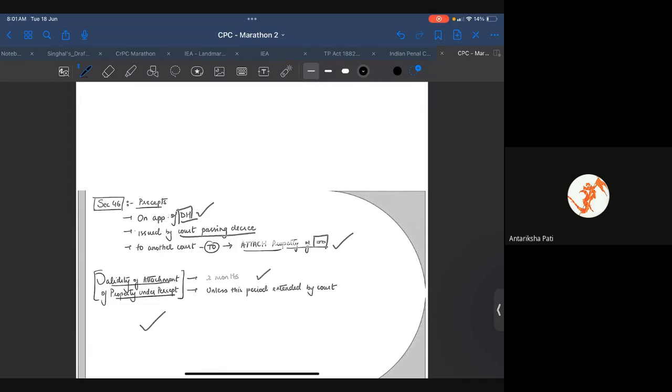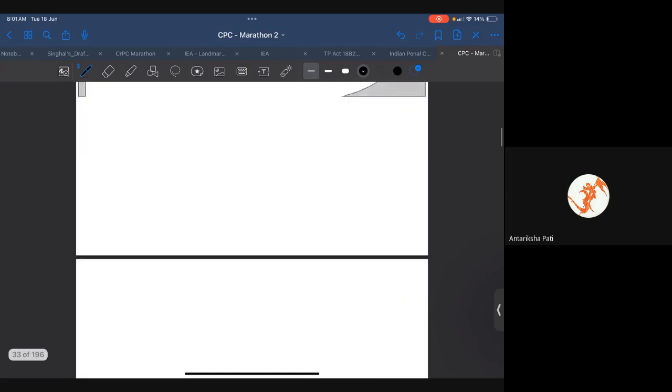It talks about precepts on the application of the decree holder. It can be issued by the court passing the decree to another court, so that the property of the judgment debtor may be attached for a period of 2 months, unless the period is extended. So a precept is basically attaching the property of the judgment debtor, because he may just dispose of it in order to avoid the decree being executed against him.